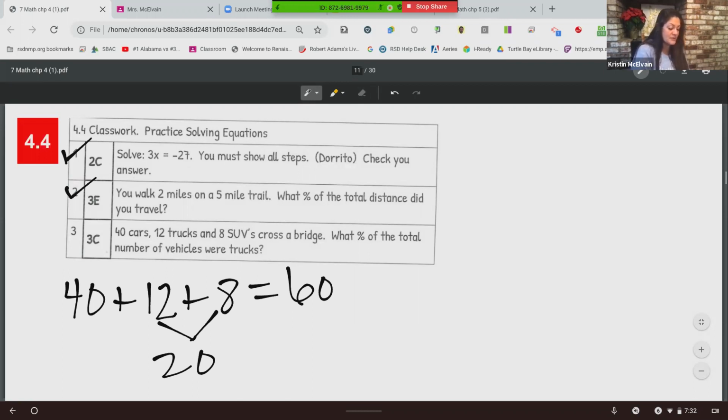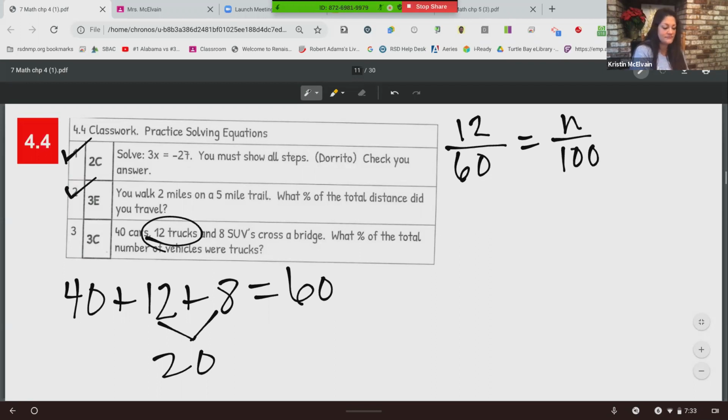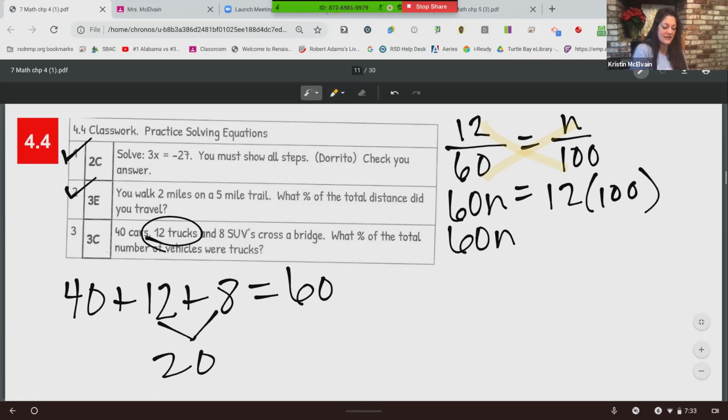And it says what percent are trucks? We have 12 trucks. So if we have 12, that's our part out of the whole, which is 60. Then what part out of 100 are trucks? Same thing, cross multiply gives us 60n equals 12 times 100. 60n equals 1200.